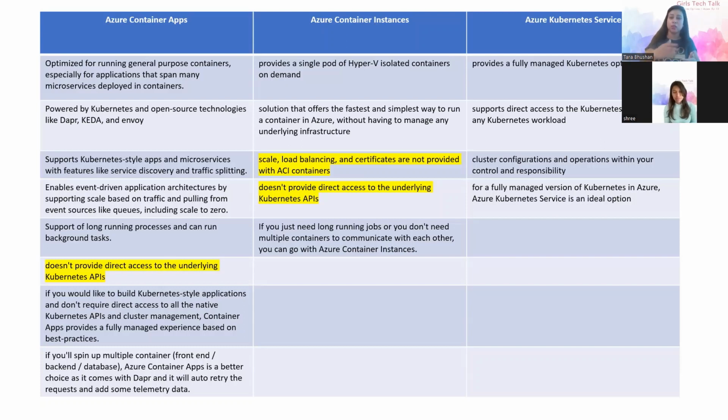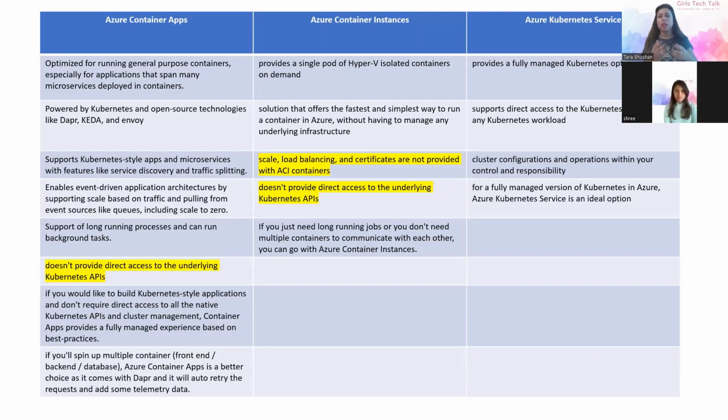It is going to be your responsibility to maintain this whole orchestration. So in situations where your team is going to take control and responsibility of the cluster configuration and operations, and you want fully managed containerization with all the Kubernetes features, then AKS is something you should opt for.